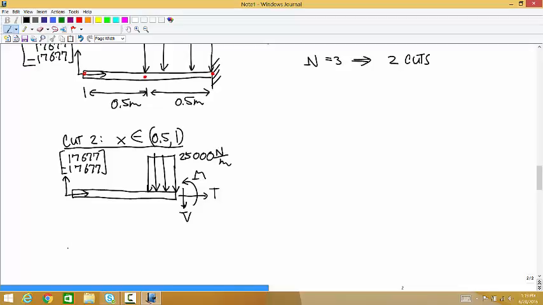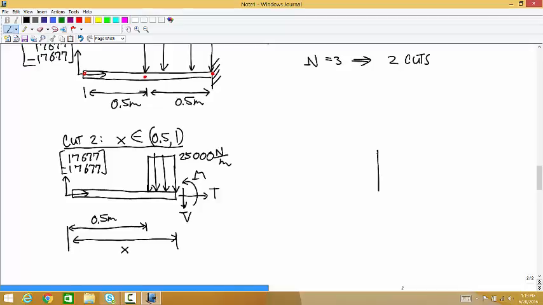Okay, we need to figure out some of these distances. This is x. What's the distance from the left end to where that distributed load starts? That's 0.5. Stop me if you need a longer look at any of these things. Now let's look at that rectangular distributed load.